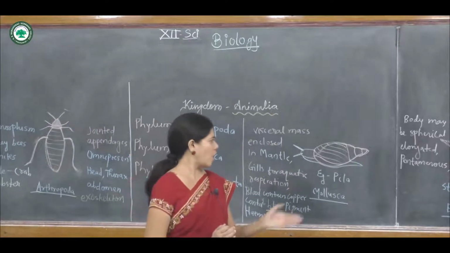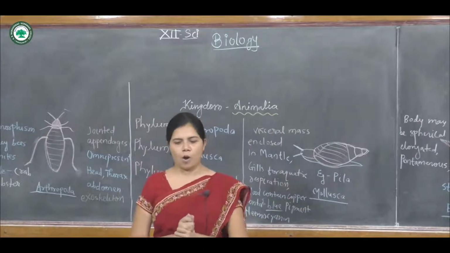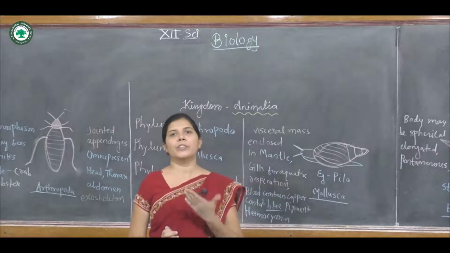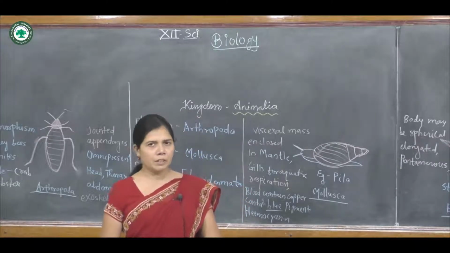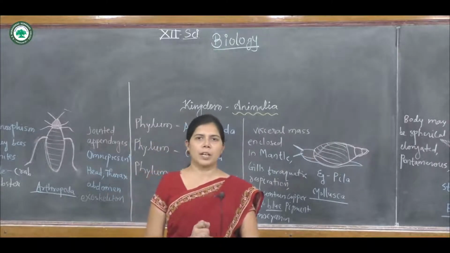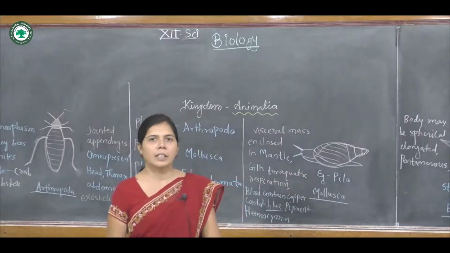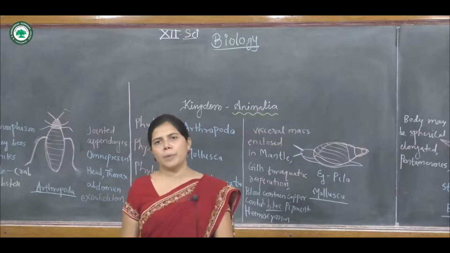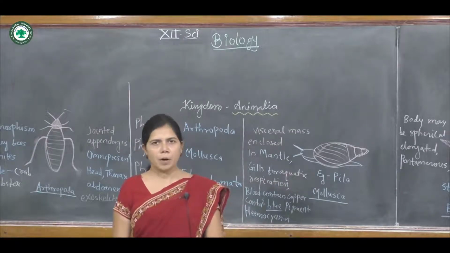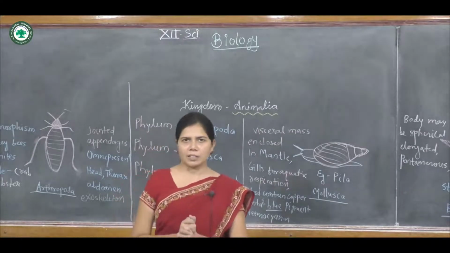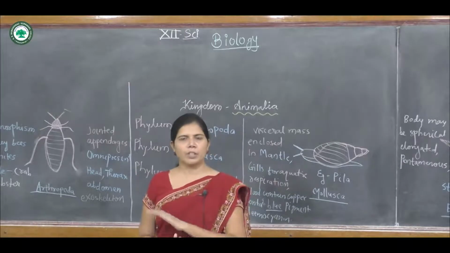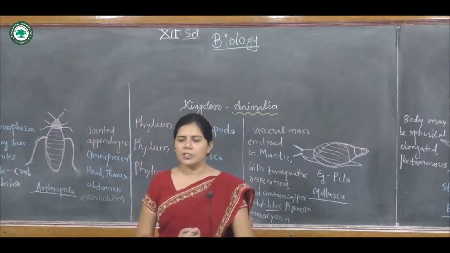The body of the Mollusca is soft and shows a tube within tube body plan. It means the digestive system is well developed, with the anus and mouth as separate ends, one for egestion and one for ingestion.